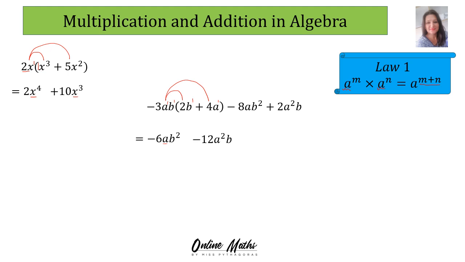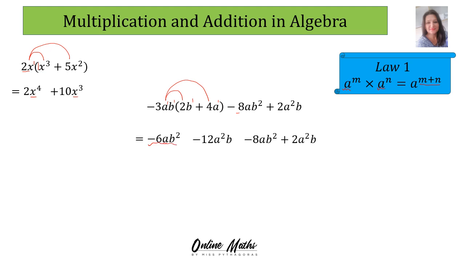And then in terms of the rest of the sum, the minus 8ab squared plus 2a squared b, there's nothing you can do there, so they will just continue and write with. Now, there are like terms, so we can add them. There we find minus 6ab squared.